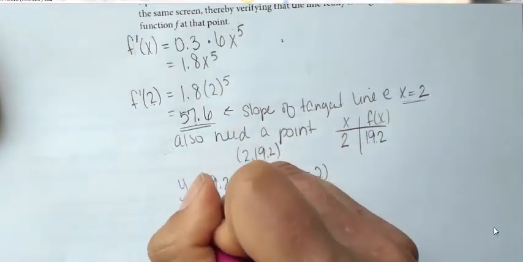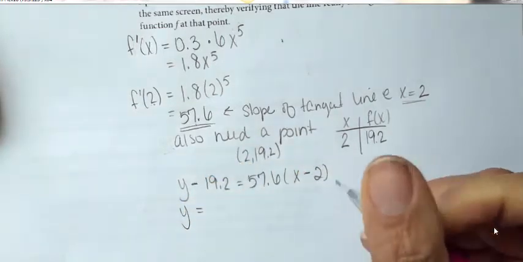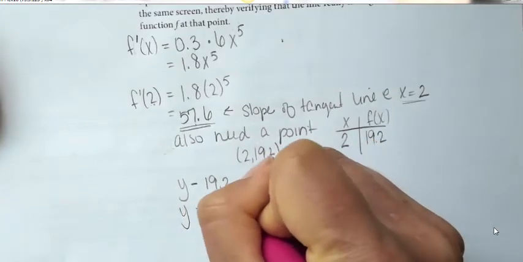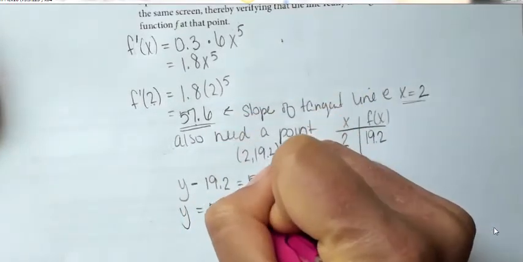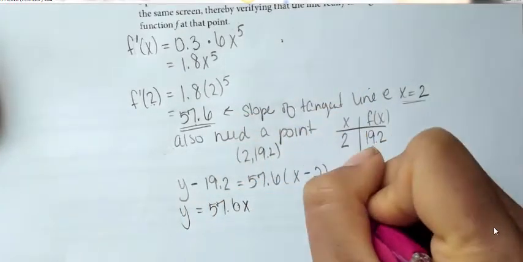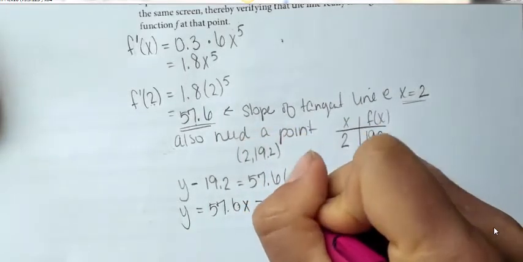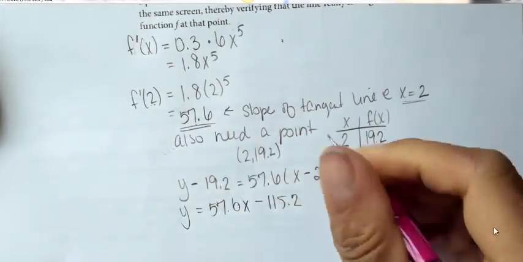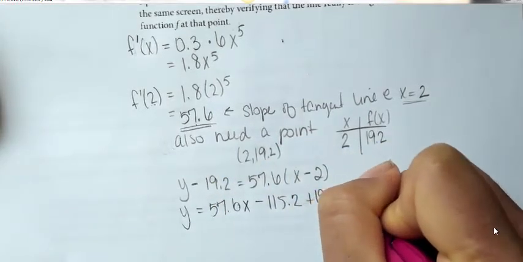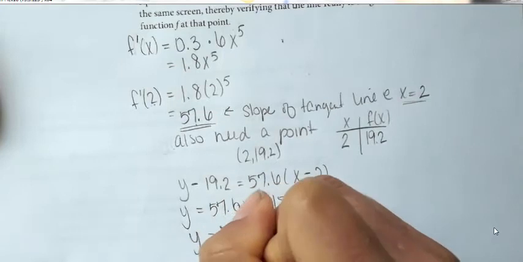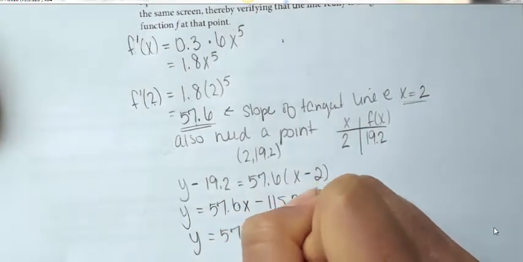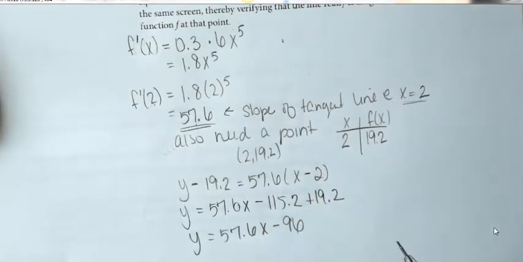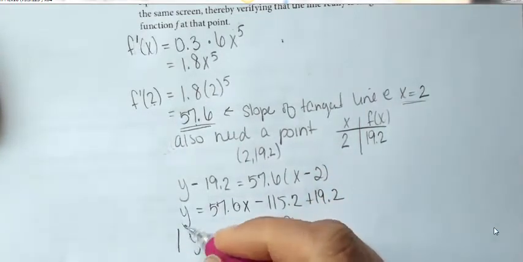Then distributing, you should end up with negative 115.2. And I'll add the 19.2 to that side. So I end up with y equals 57.6x minus 96. Okay, so there's the equation.